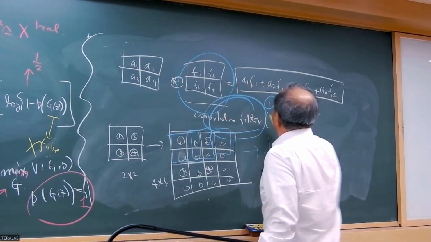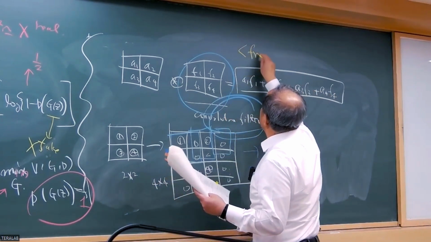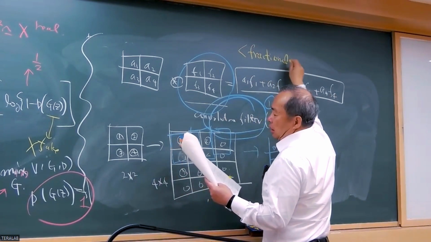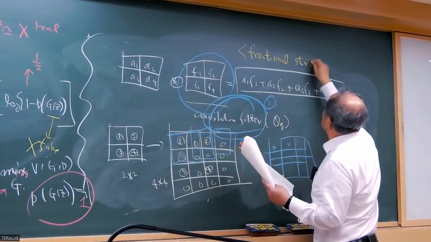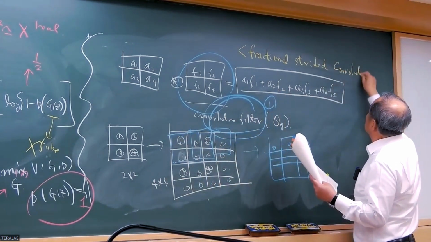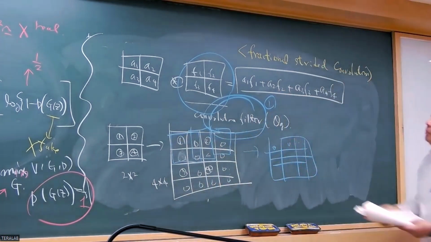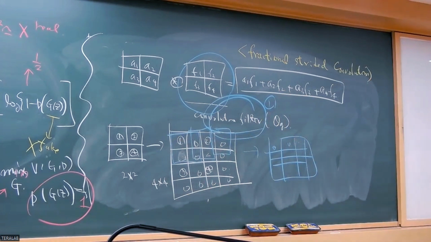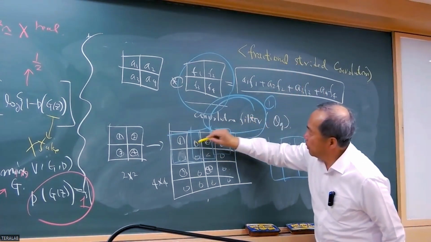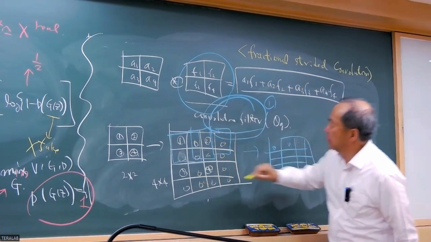This process is called fractional strided convolution. Fractional means you are adding some zeros.